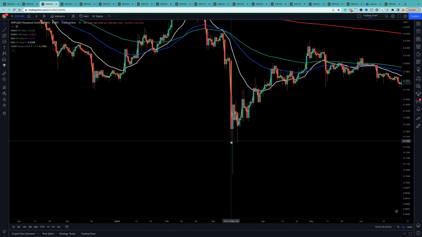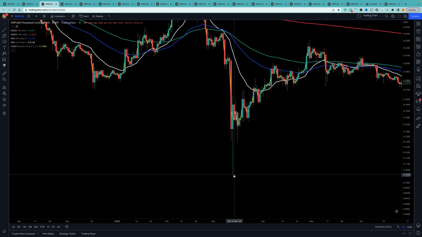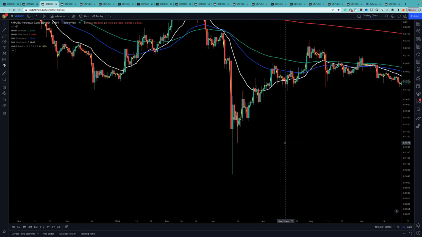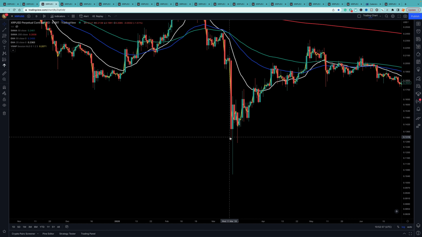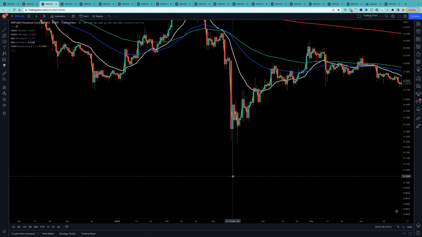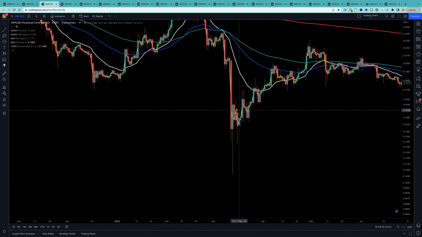So if this drops to 25 here, I'll be looking to see if it wants to do another trip down to anywhere between 22.5 and 20 or so. That's what I'll be looking for. If this dropped to 22 and a half or so, then I'll be thinking potentially this is going to head down to 18 or so, a bigger drop.